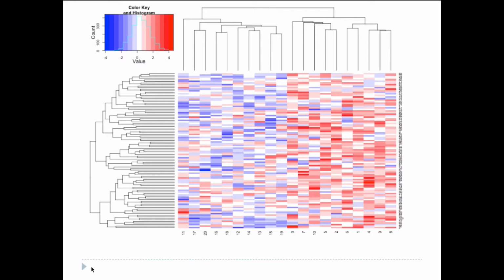Sometimes, and this still happens, people will use a clustering method like this to say, look, I see 2 clusters, but they didn't tell you that the way they got to these genes was to do a t-test first. So this is a perfectly expected finding. To use this as evidence that your hypothesis is true doesn't add anything to the fact that you did a t-test on lots of differentially expressed genes.